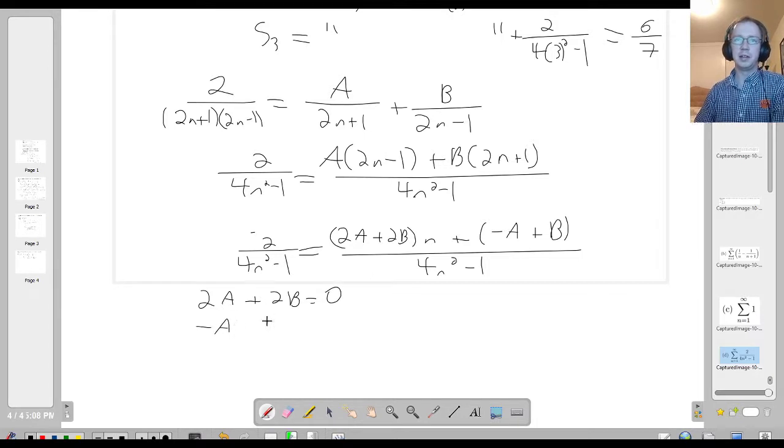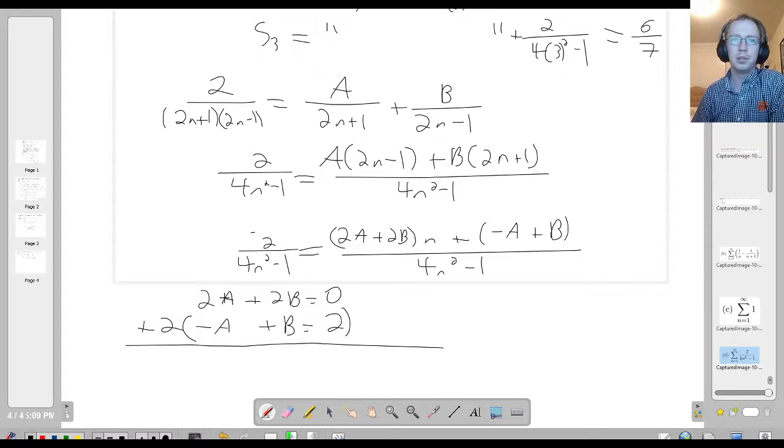On the other hand, negative a plus b is going to be equal to 2. I could use combination to solve this. I would multiply the second equation times 2 and add it to the first. That would get me 2a minus 2a, 2b plus 2b, and 0 plus 2 times 2, which means b equals 1. If I plug that back in, negative a is 1, so a is negative 1.